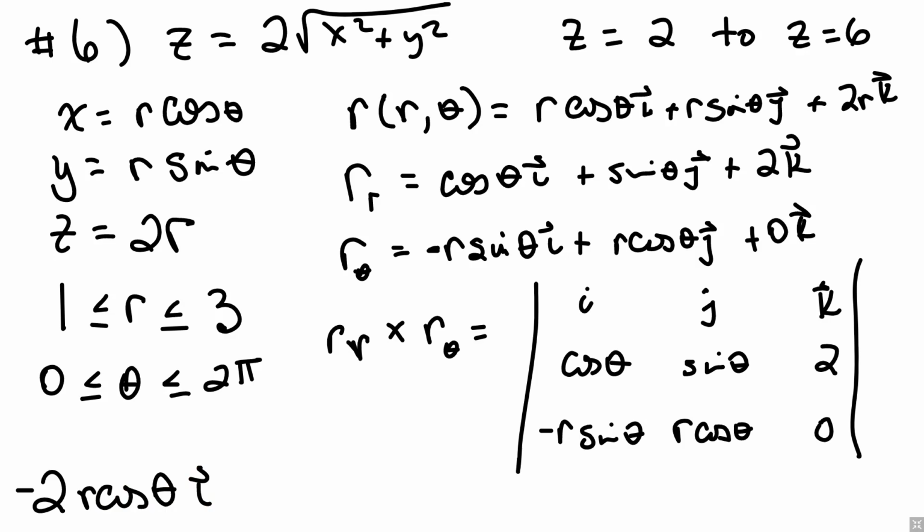For the j component, we're going to end up with minus 2r sine of theta in the j direction. And then for the k component, we're going to end up with just plus r in the k direction. Any questions so far?